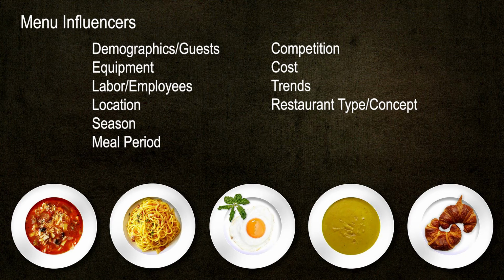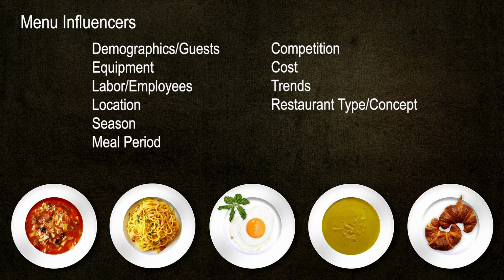Now, here in Hong Kong, we don't really have that many seasons, but still, there are certain food items that are consumed maybe during summer instead of winter time. And the cost is quite important, because if you cannot afford the ingredients on your recipe, then you cannot serve them.